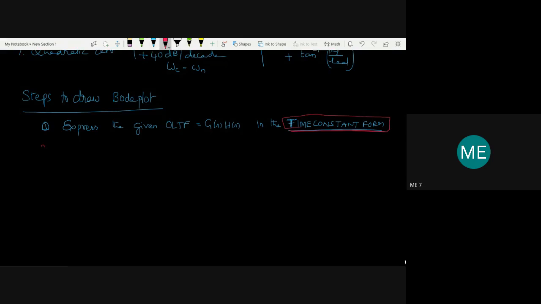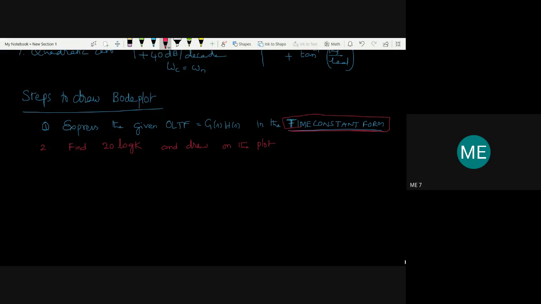Then second step, find the 20 log K value and draw it on the plot.